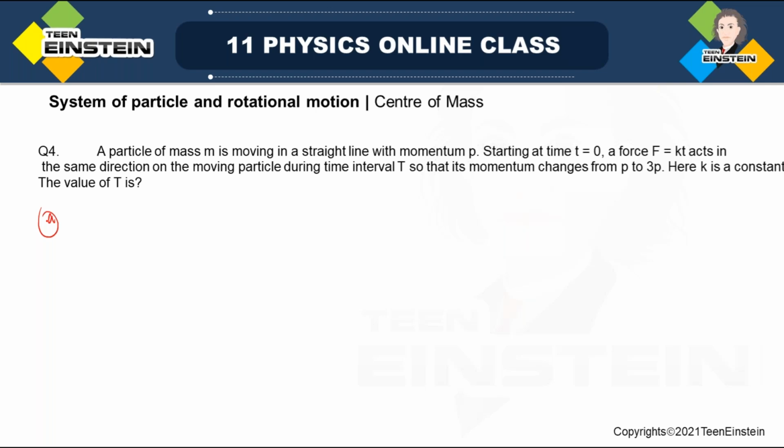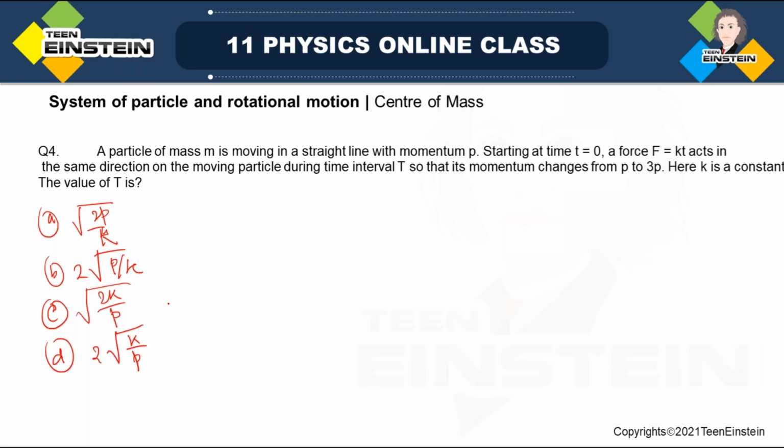The options are: a is equal to square root of 2p by k, option b is 2 root over p by k, option c is square root of 2k by p, and option d is 2 into root over k by p. Okay, these are the options.